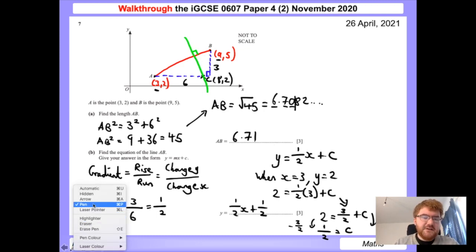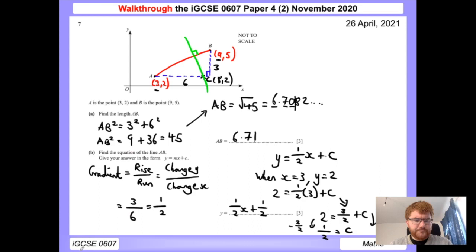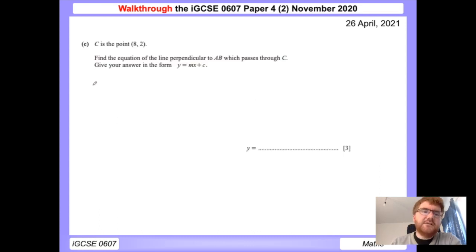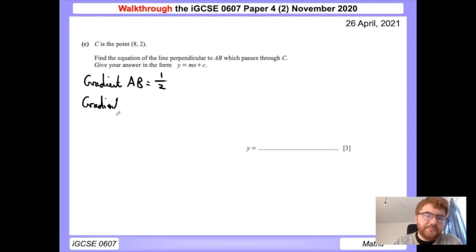Right, so the first thing we need to do is work out the gradient of the green line. Well, let's have a think about that. There we are. So the gradient of AB was a half. So the gradient of the green line, well, there is a formula here, but the way I tend to teach this is to work out the gradient of a perpendicular.